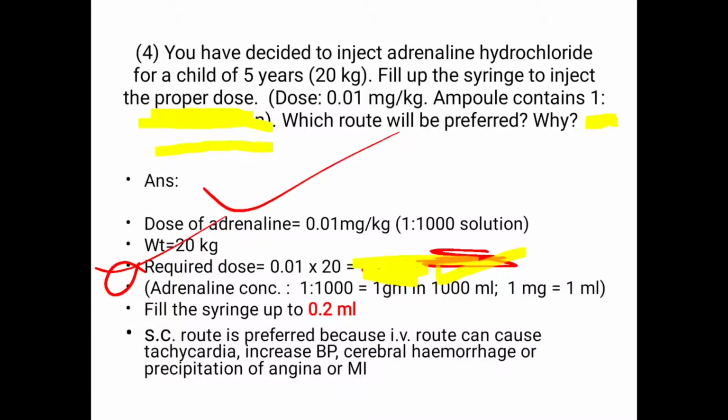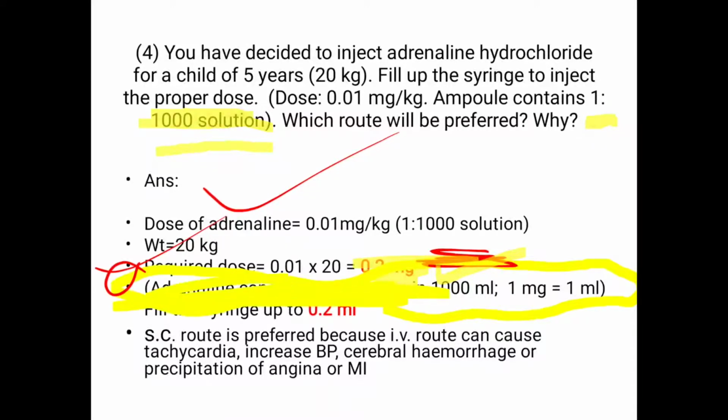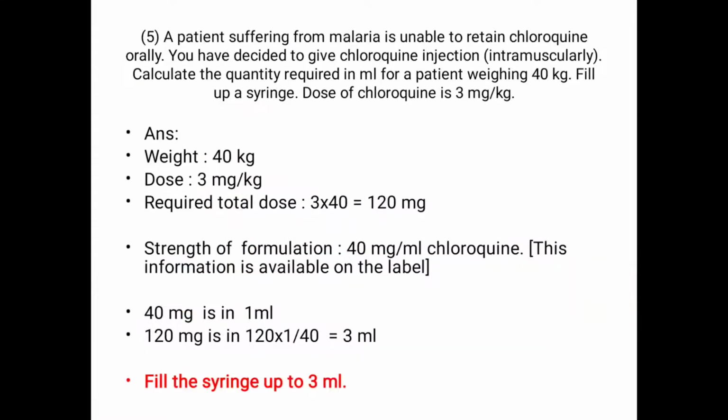We have calculated this from this clue, so remember this clue. Another question is which route we prefer. The subcutaneous route is preferred because the IV route can cause tachycardia, increased blood pressure, cerebral hemorrhage, or precipitation of angina or myocardial infarction. So guys, we move further to another question.